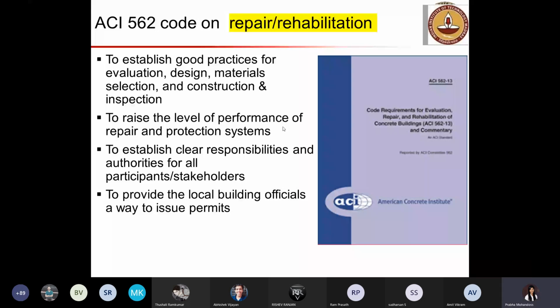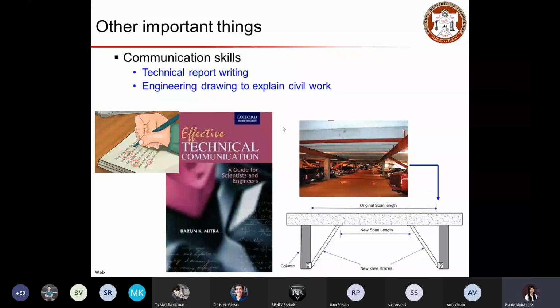Right. And another thing is technical report writing. Most of these details, when you are working on a site, you will be asked to report in a document. And many of these construction deals involve litigation work also.